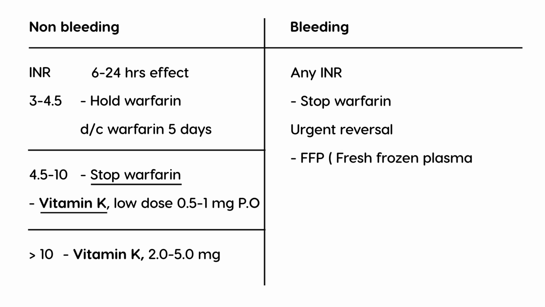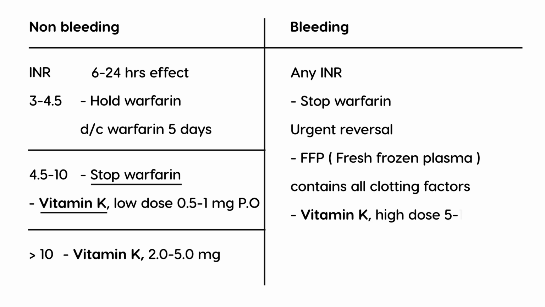Fresh frozen plasma is given because it has a much more urgent effect. It contains all the clotting factors. In addition to giving the fresh frozen plasma, you also give vitamin K, but this time you give a higher dose, usually 5 to 10 milligrams, and instead of giving it orally, you give it IV.